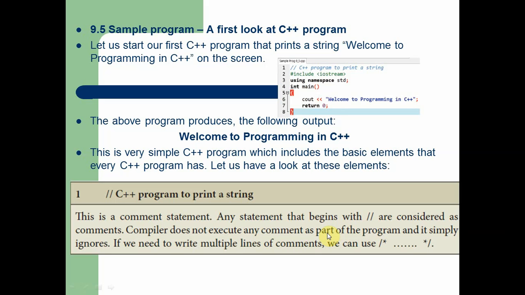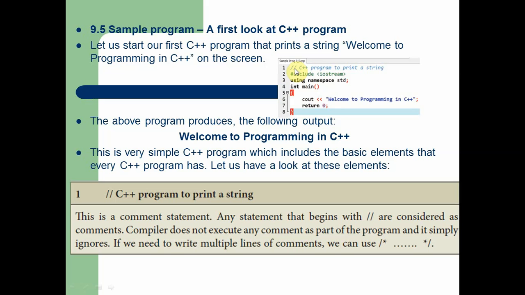If we need to write multiple lines, we can use the symbol /*. After completing the multiple lines of comment, we can close the comment by using */. Here in this program, we use // as a single line comment punctuator for giving a comment.